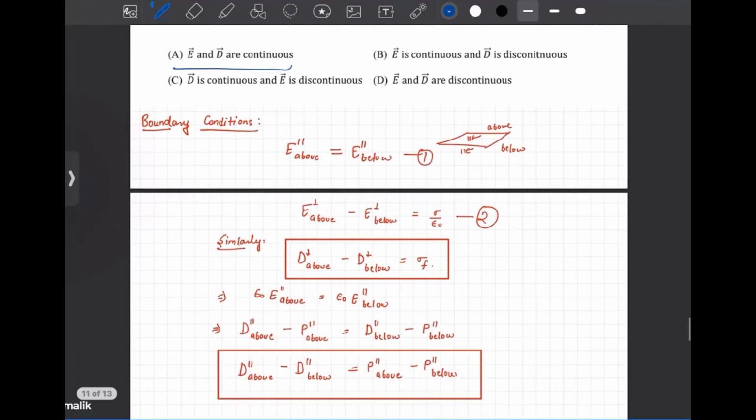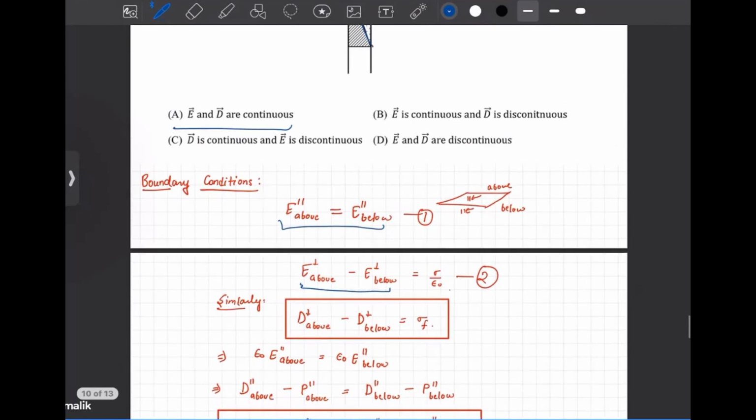Initially, we have also explained that the parallel component of the electric field is continuous but the perpendicular component is discontinuous by sigma upon epsilon naught. Parallel means, if we have this kind of interface, parallel to this interface. If you place your palm above this surface, any vector field which is not intersecting this plane will be parallel.